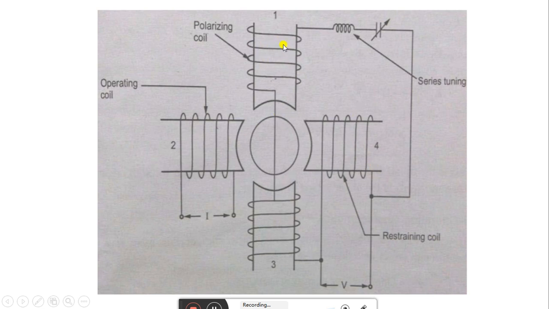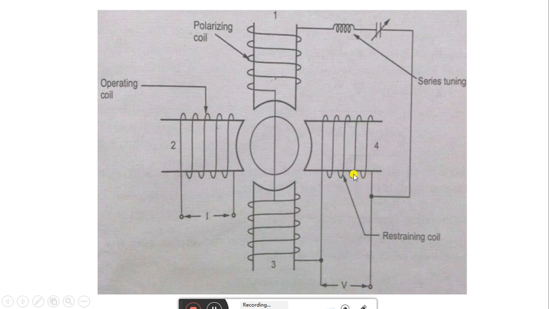See, this upper portion and lower portion are both the polarizing coil and they are supplied by the voltage element. So this complete right side system is called the voltage element coil, and this left side system is called the current coil element. This is called the operating coil, and this is called the restraining coil.